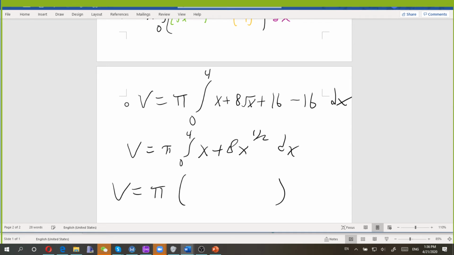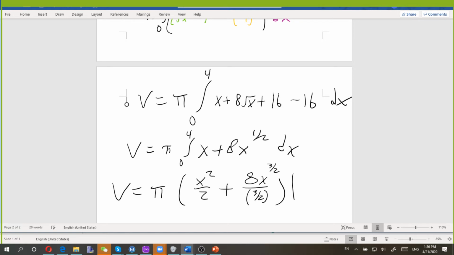X squared over 2. Eight x to the 3 over 2. And also 3 over 2. Perfect. If I'm dividing by a fraction, we'll flip and multiply.